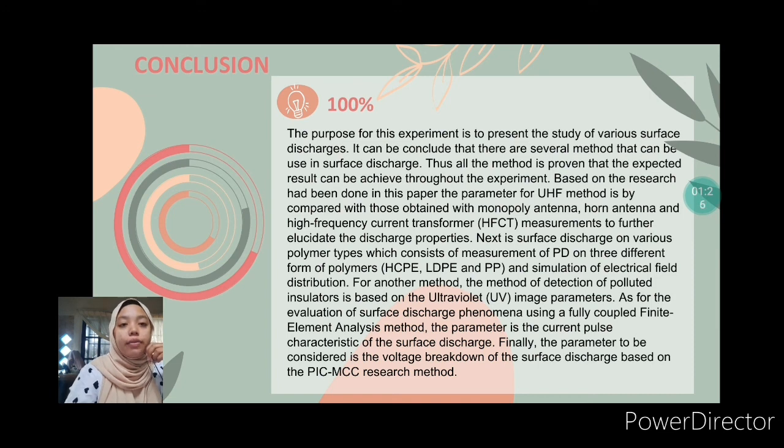As for the evaluation of surface discharge phenomena using a fully coupled finite element analysis method, the parameter is the current pulse characteristic of the surface discharge. Finally, the parameter to be considered is the voltage breakdown of the surface discharge based on the PIC-MCC research method.